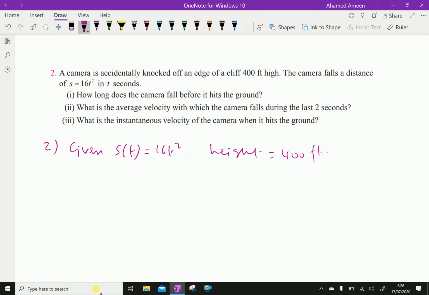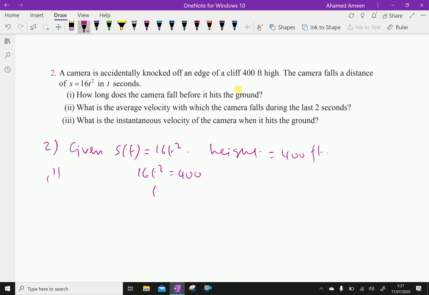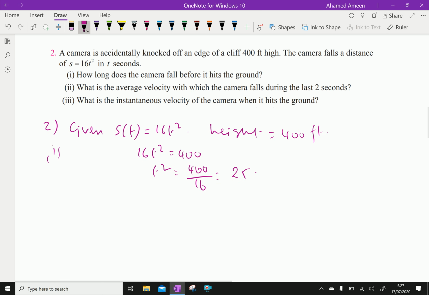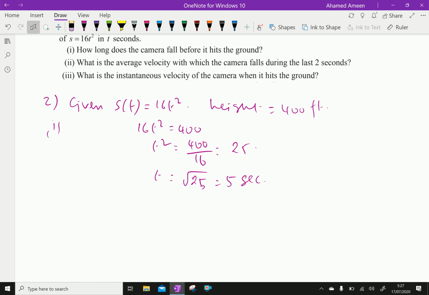Now, how long does the camera fall before it hits the ground? 16 t square equal to 400, then t square equal to 400 over 16 equal to 25. Therefore t equal to square root of 25 equal to 5 seconds. In 5 seconds it reached the ground.